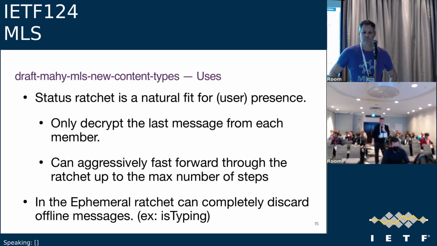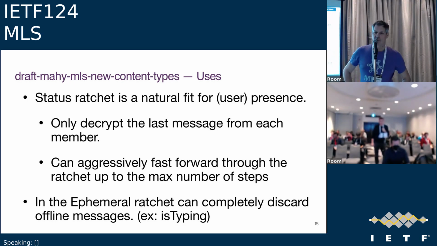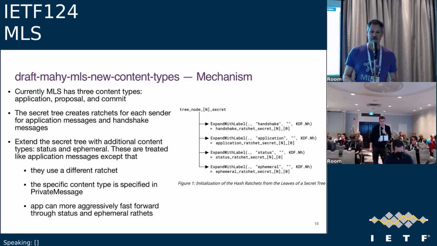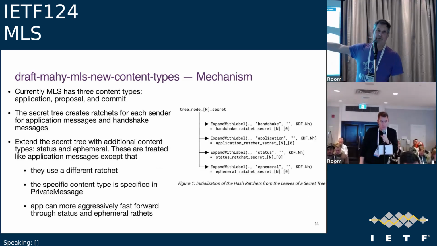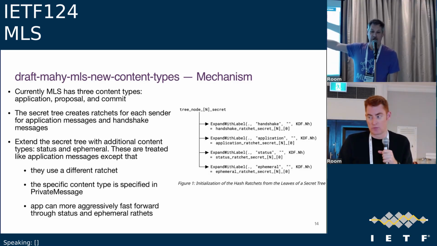Okay, so we have the forward secure exporter now, but that is not good enough because we would have to redo the secret tree, and you want to reuse the secret tree. Is that correct? There's a figure in RFC 9420 that shows a handshake ratchet and an application ratchet. This just adds two more ratchets.